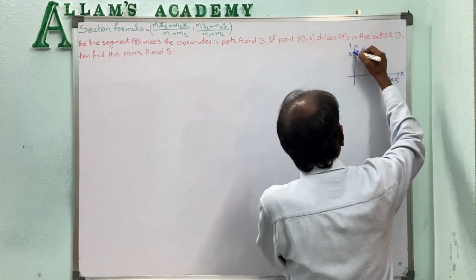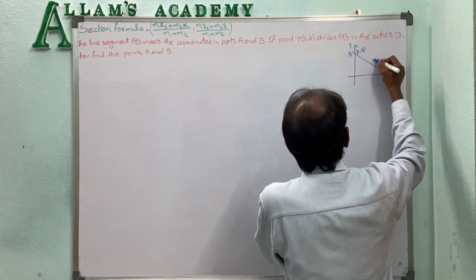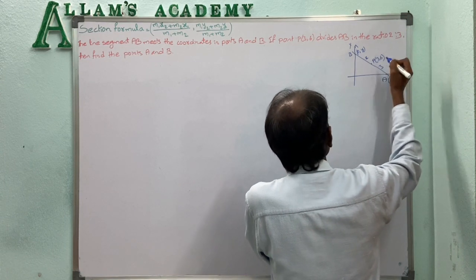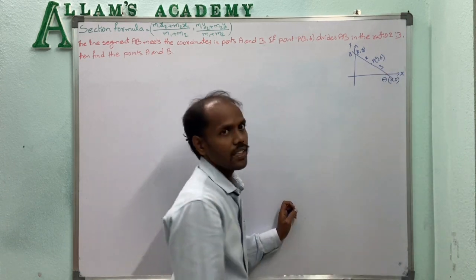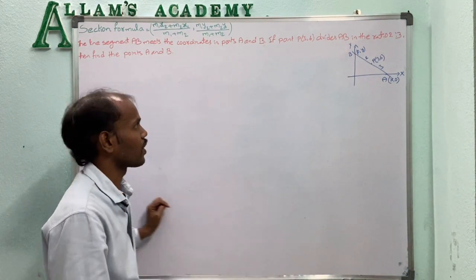Now these 2 points joining a line segment divide the point P (3, 6) in the ratio 2:3. Now that x coordinate and y coordinate we want to find.